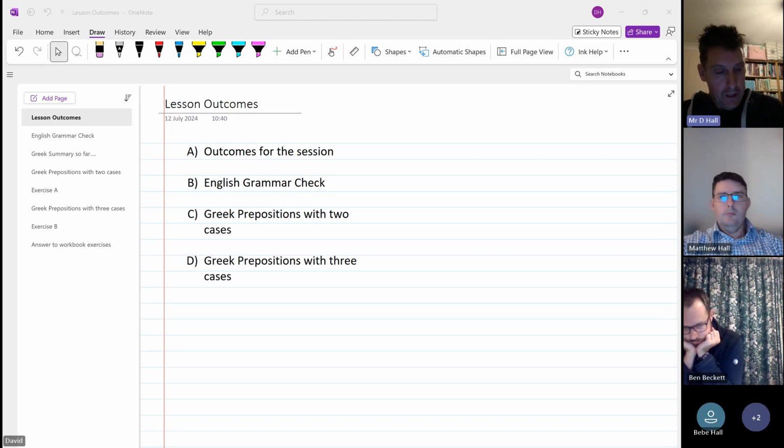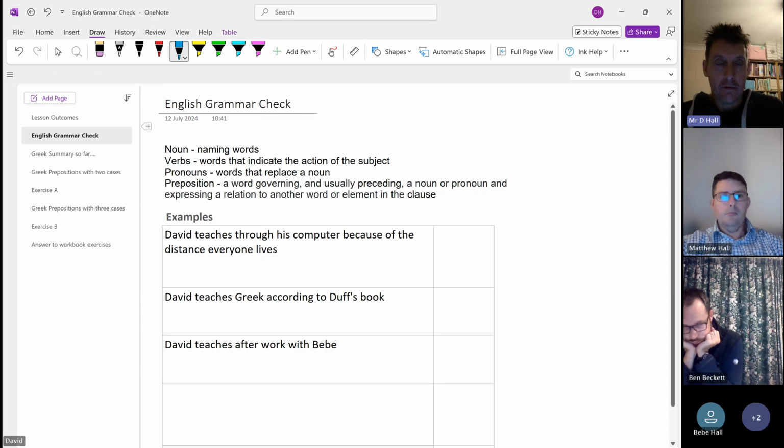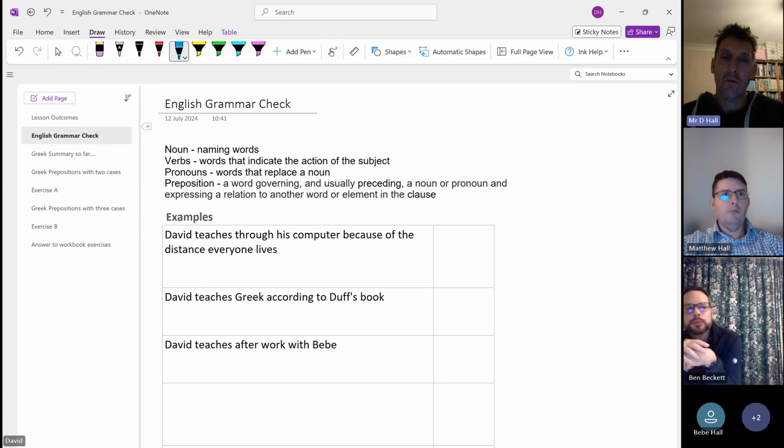So firstly, our English grammar check. We really need to know what we're doing with our English first before we can really understand how the Greek puts their own grammar together and how it all works. So we have so far introduced nouns, verbs, pronouns, and some prepositions.